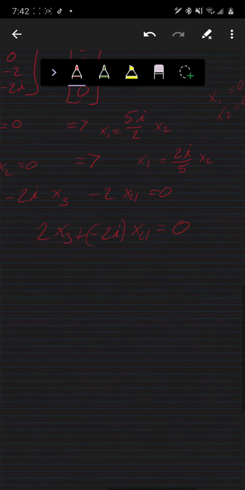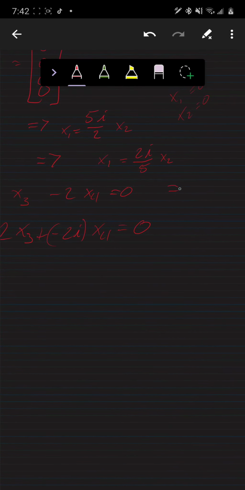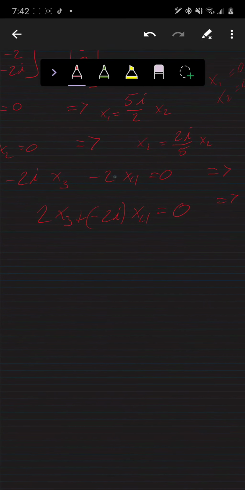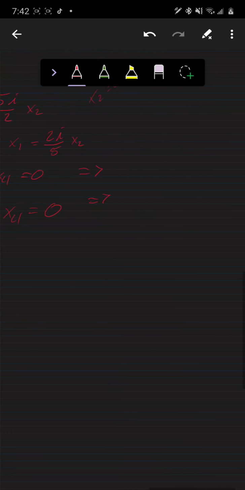And then for these ones, now let's do x3 and x4. So I'm going to be moving -2 x4 over here. This will be positive, and then we're going to divide it by this. So what we're going to have is -i x3 equals x4.